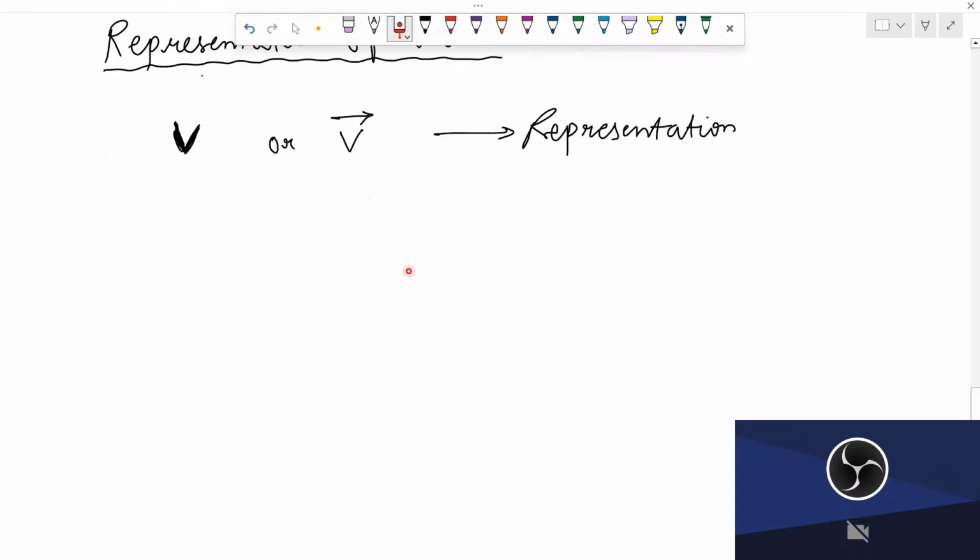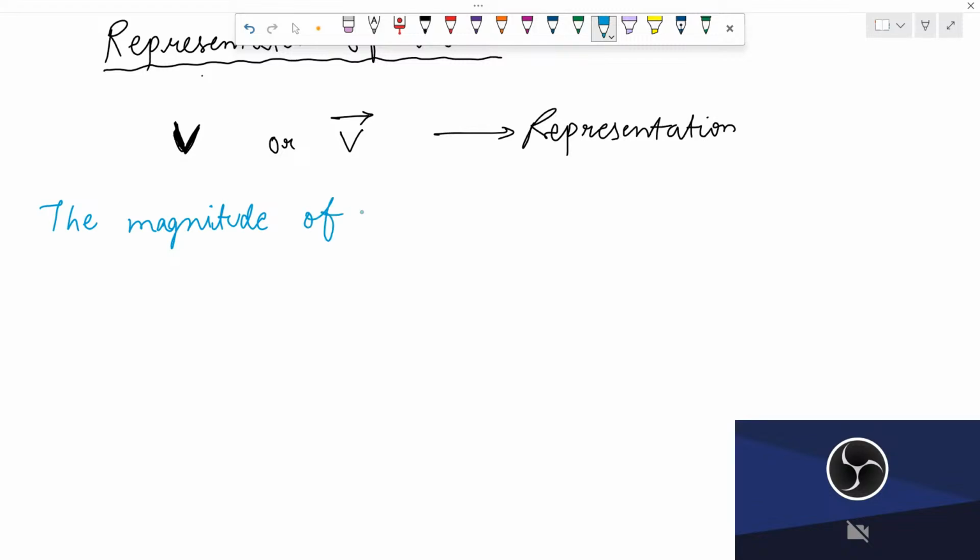If you are clear with the representation of vector, then how will we indicate its magnitude, and how are we indicating that it has some direction?